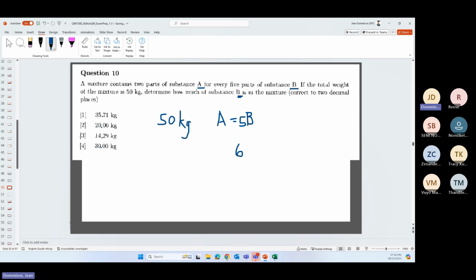A for every 5 parts of B. So if we have 1 kilogram of A, does that mean 1 kilogram of A gives us 5 kilograms of B? Is that how you guys read it as well? What would you guys have said?